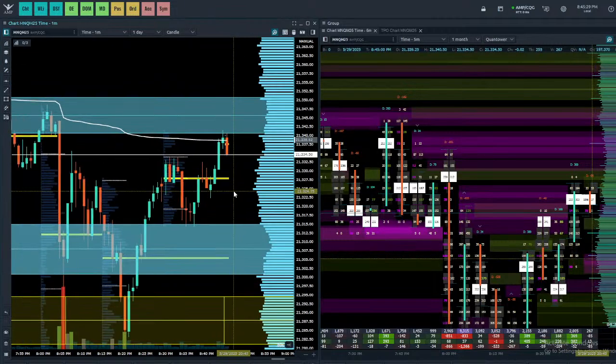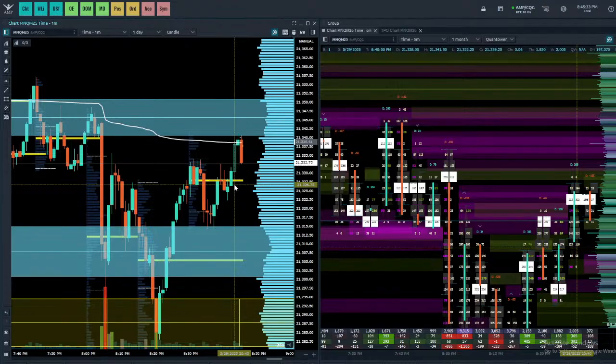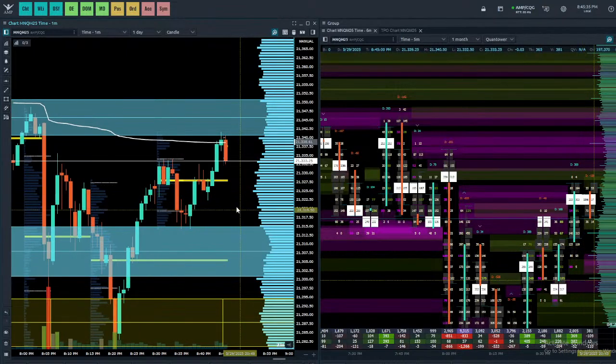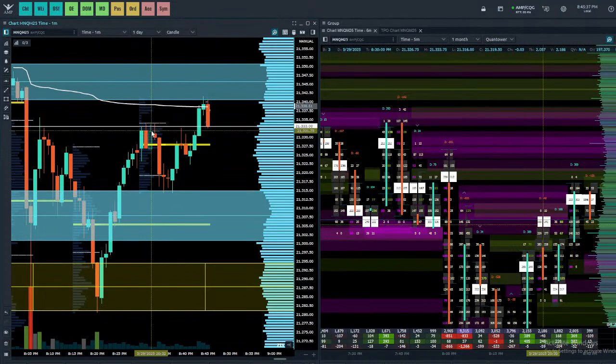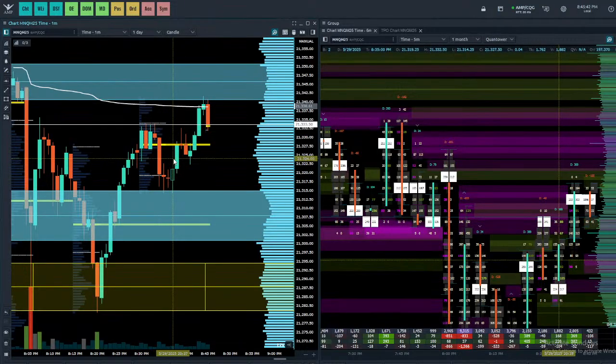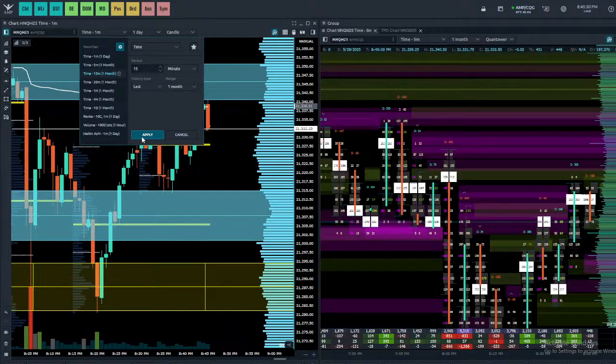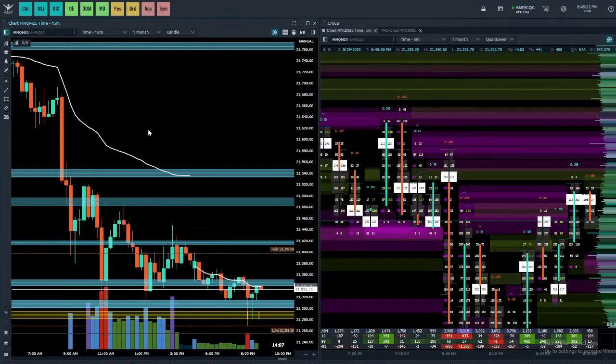I don't know why I'm overthinking it tonight. So it's about 15. Now we're just waiting to see if we're gonna get a change of structure. See what price wants to do up here at our VWAP.